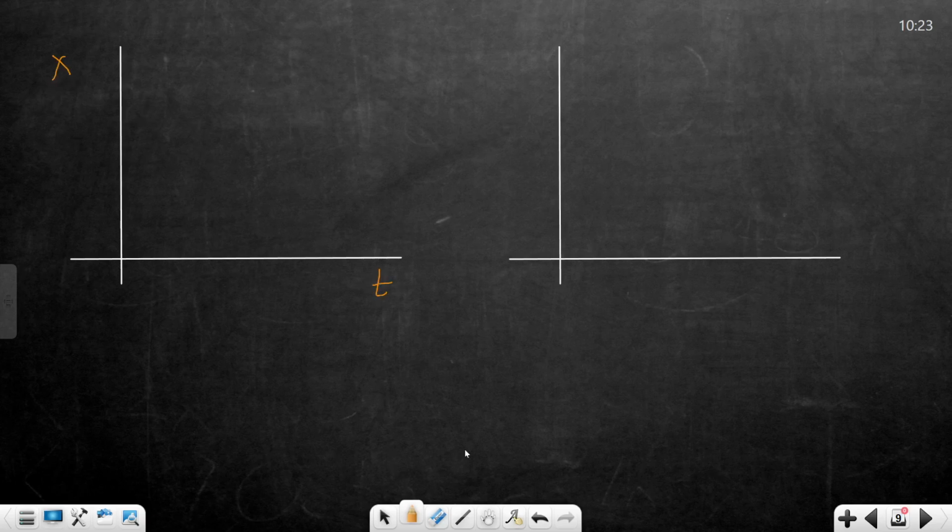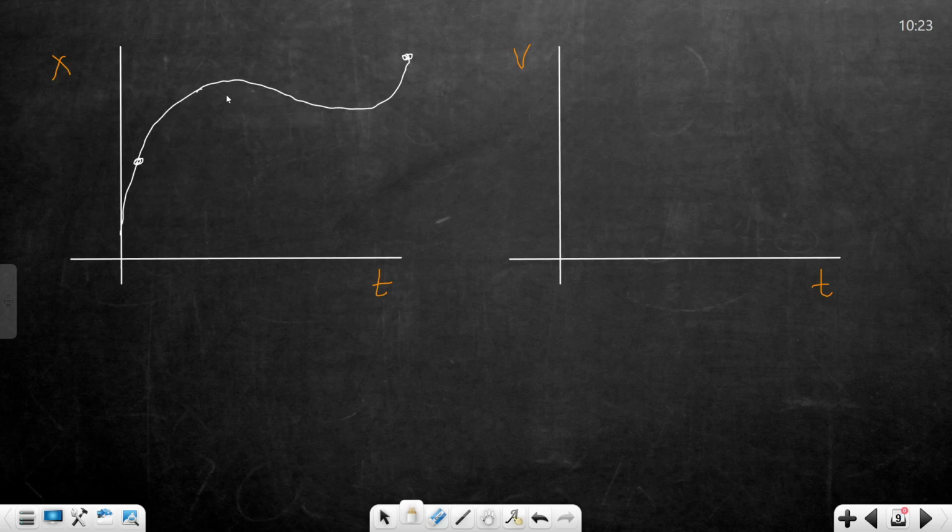So if you have an xt graph and on the right side the velocity versus time graph, just tell me, when you calculate the slope in the xt graph, what do you get?